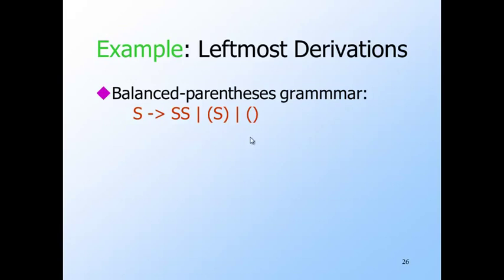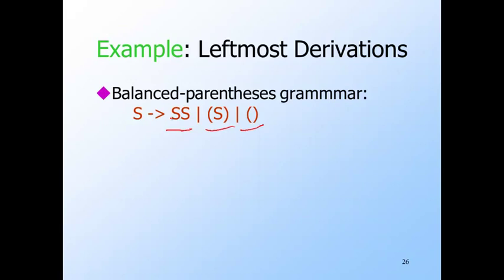The last production, here's its body, says that a pair of matching parentheses is balanced. Of course, the left parenthesis must come first. The middle production, this, says that if we put matching parentheses around a balanced string, it is still balanced. And the first production, this, says that the concatenation of two balanced strings is balanced.